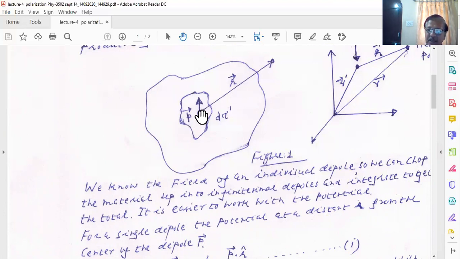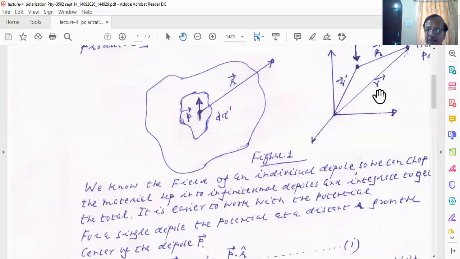I mean to say that you first calculate the field because of the dipoles in the volume element d tau prime, and once you calculate the field because of all dipoles accumulated in this volume element d tau prime, to find the total field you take the volume integration. You will be able to find the total field because of the polarized object.